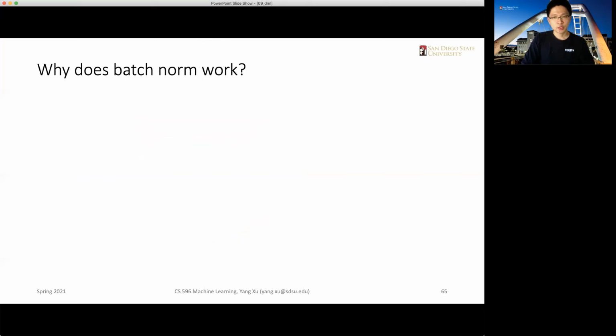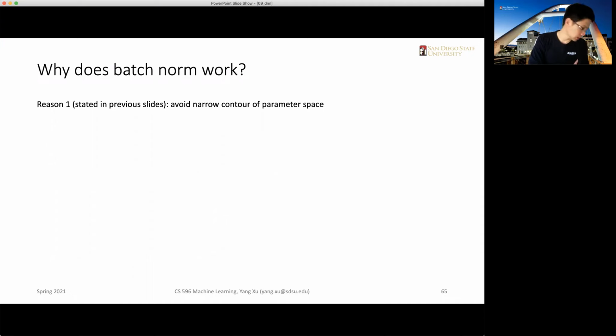Okay, so the question about why does batch norm work? Remember, the purpose is that it trains the model much faster compared to the case without batch norm. The reason people have come to the conclusion is that, just like the way we normalize input, we can avoid narrow contours of the parameter space.